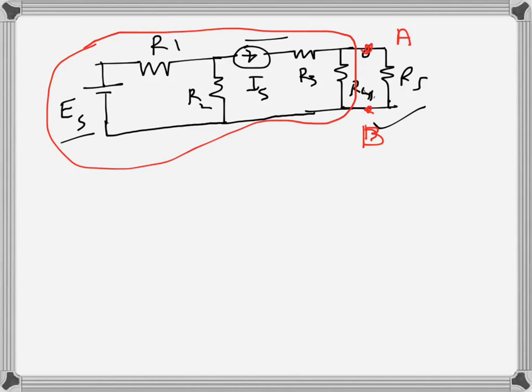So that means the whole of this part can be replaced by a single voltage source and a series resistance, and this voltage source is called Thevenin's voltage source, and this is Thevenin's resistance.